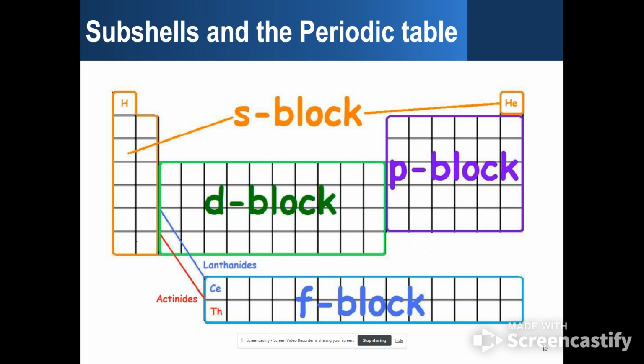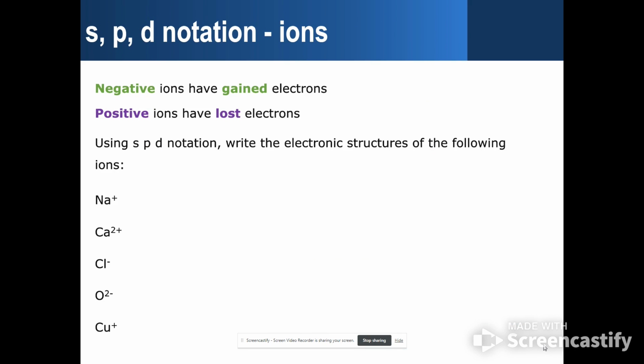The D block is your transition metals, and we learn later about why transition metals are in D block. P block is predominantly your non-metals, though there are some metals in there, and that is found to the right-hand side of the periodic table. The lanthanides and actinides we don't study, but they are found in the F block. We don't actually go up to the F subshell, but they occur after you get through the transition metals.